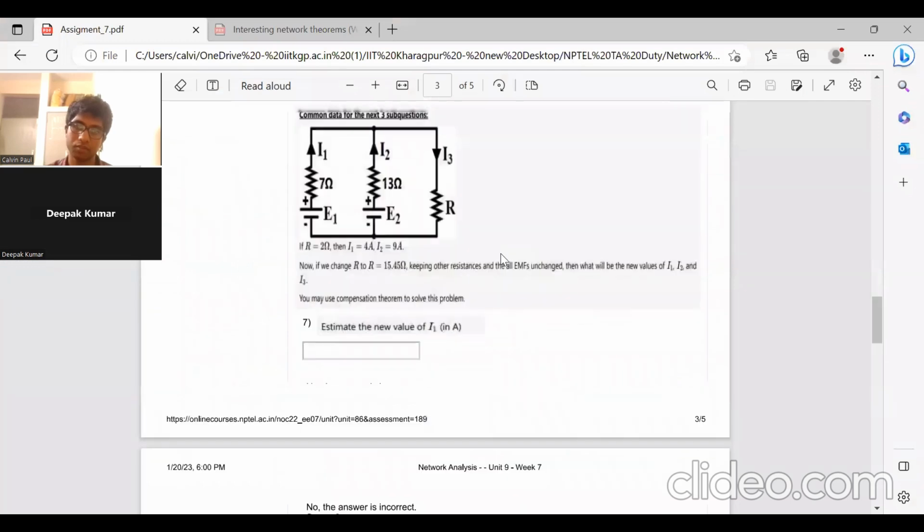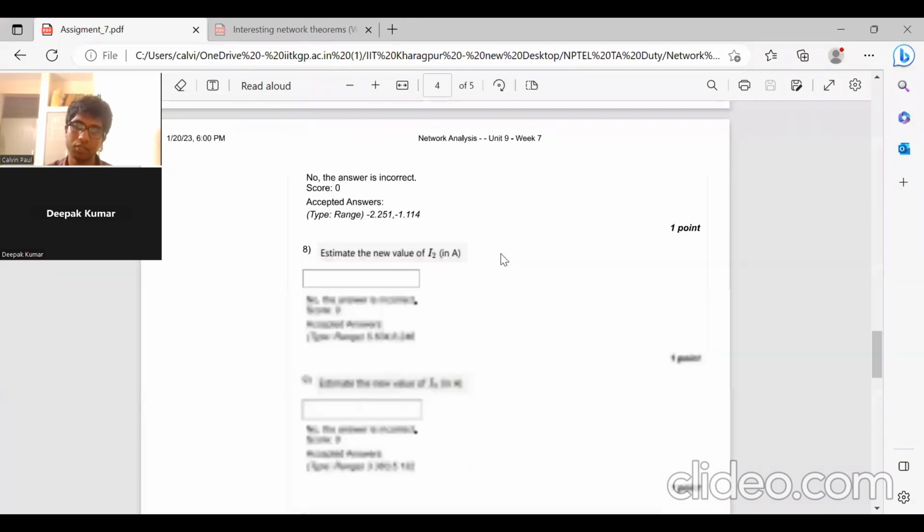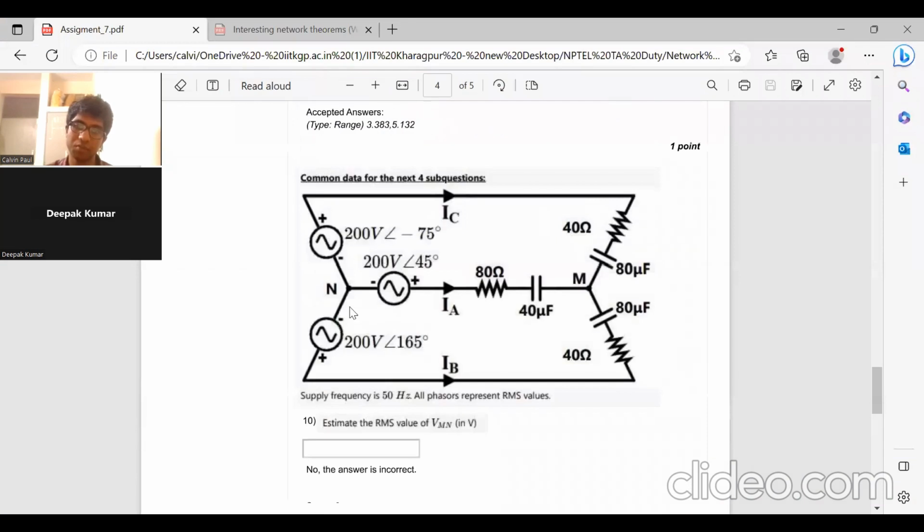And so if you observe this circuit, it is like a three-phase power supply. All the voltages are equal, 200, 200, 200, but the phase shift between them is not equal. In three-phase power supply, what should be the phase shift between two power supplies? 120.